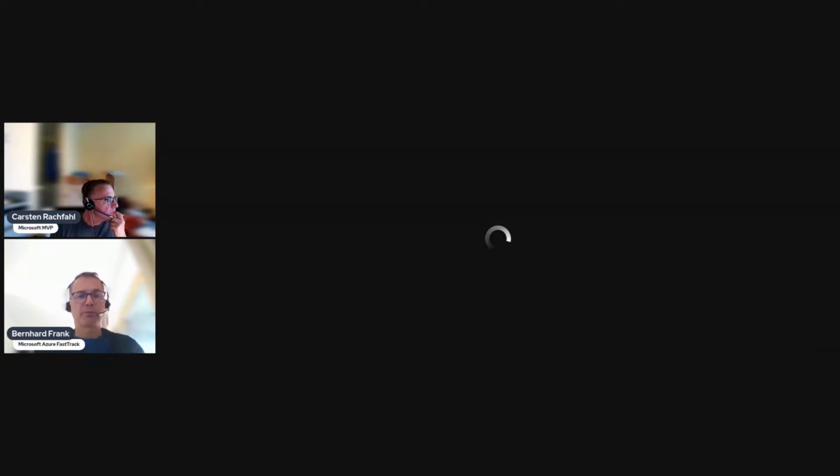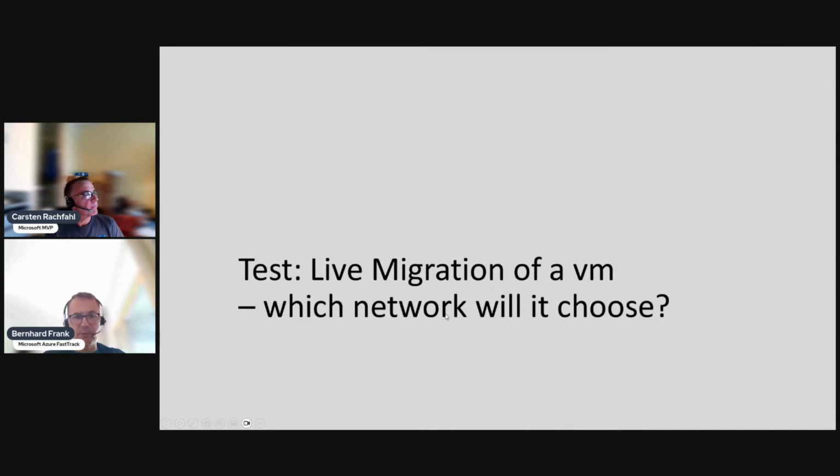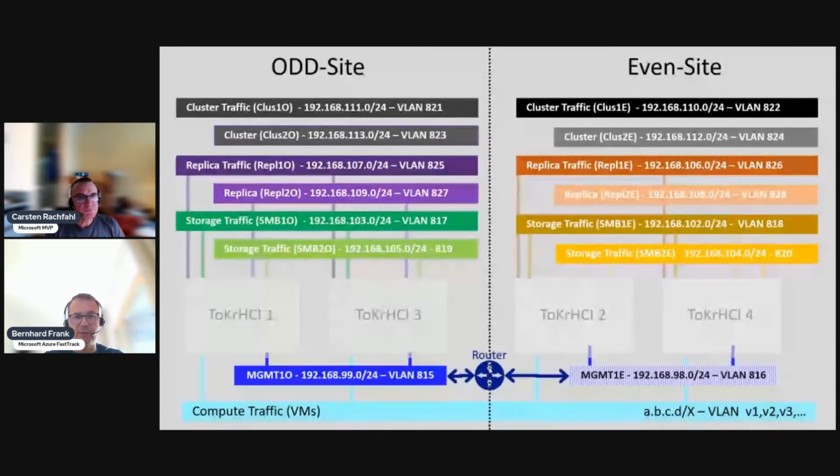Yes, please switch over. So we have seen that the virtual machine's traffic went via this direction, and this speed defines how fast the live migration works. But remember, we do have more performant hardware on that server, and we also have a better network in between. So therefore, let's set up the routing.